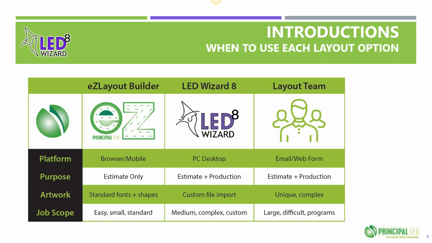We have optimal by letter, which is similar to LED Wizard 8, which won't break letters. And then we have optimal by run, where the level of granularity of loading is a run of LEDs.